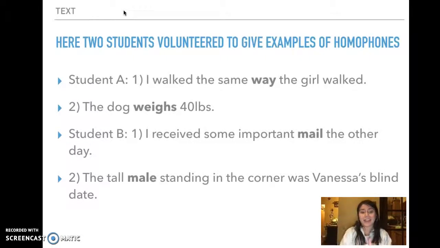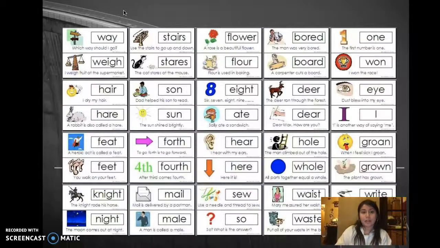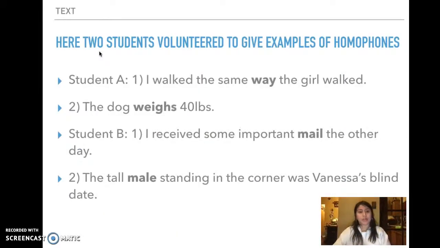Student B gave me another example and used mail. Student B: I received some important mail the other day. Number 2: the tall male standing in the corner was Vanessa's blind date. Now, here, I received some important mail. That's correct. We're talking about mail that we receive in the mailbox from the mailman.